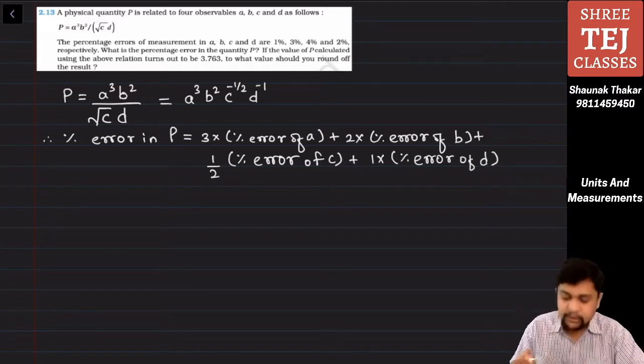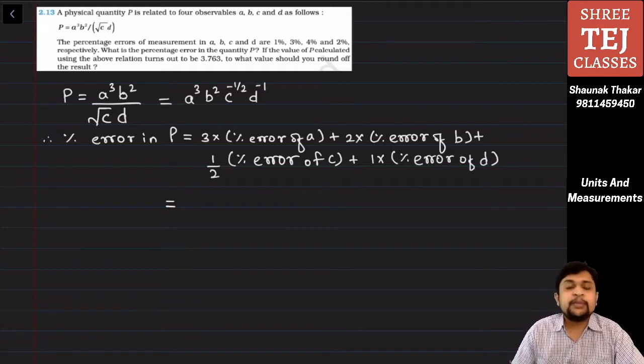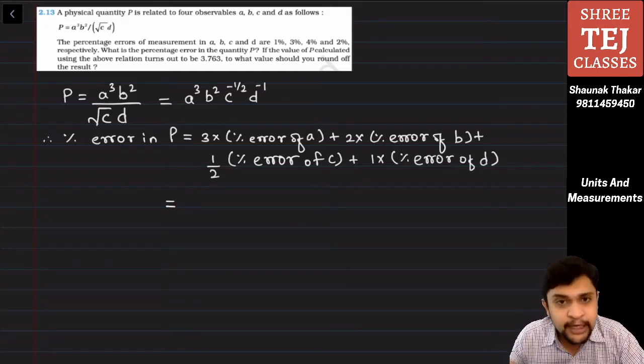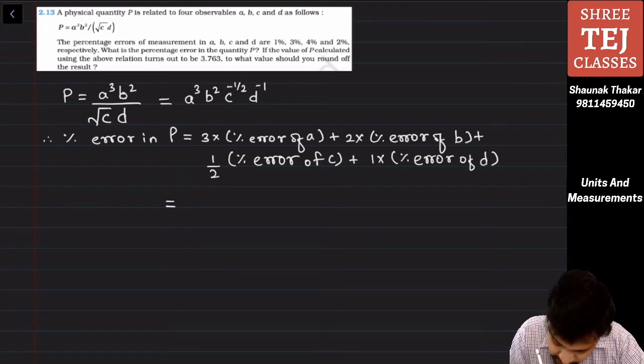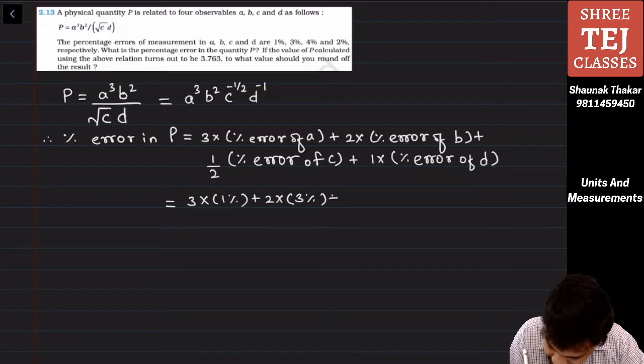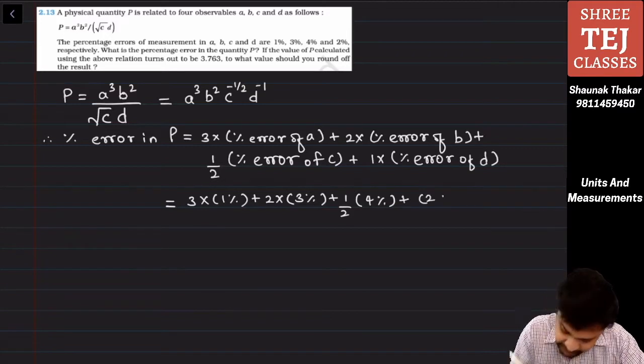So in the question we have been given percentage error of A is 1%, percentage error of B is 3%, percentage error of C is 4% and percentage error of D is 2%. So let us substitute that. So this will be 3 into 1% plus 2 into 3% plus 1 by 2 into 4% plus 2%.